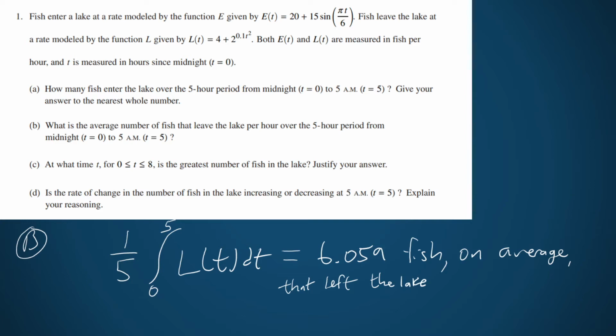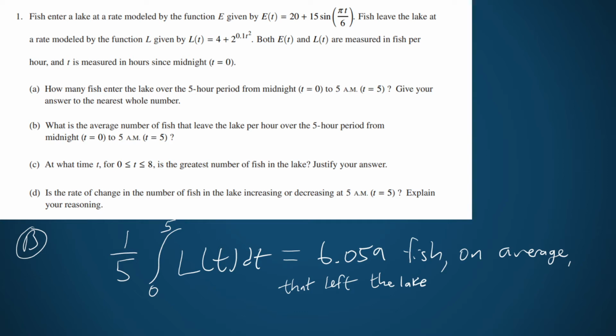Okay, so this is actually the average number of fish that left the lake per hour over the 5-hour period. So with a 6 fish average, you would expect about 30 fish over the whole 5 hours.